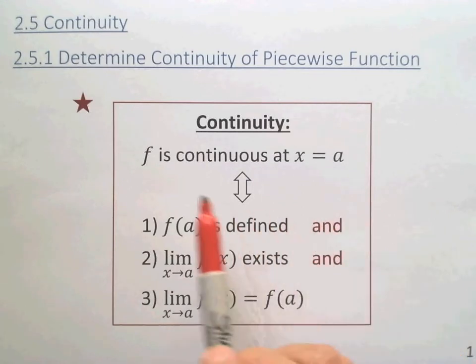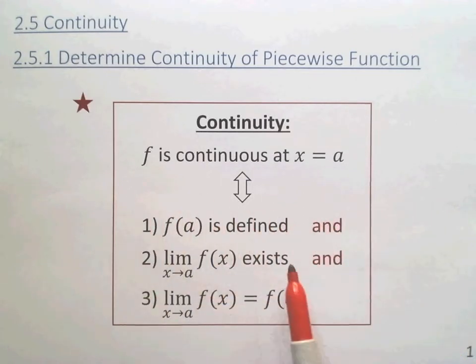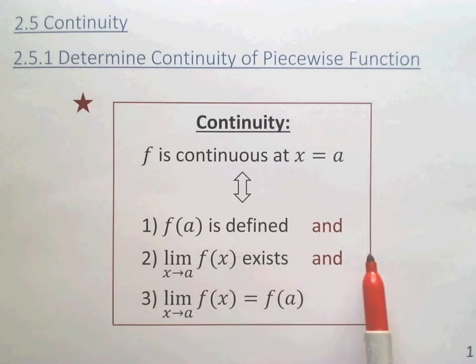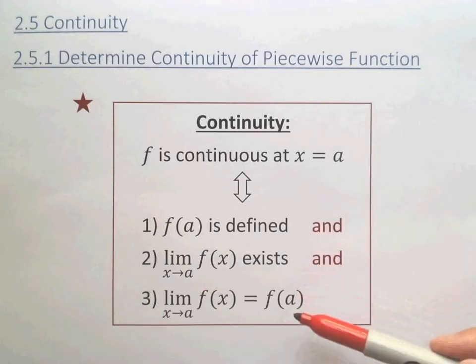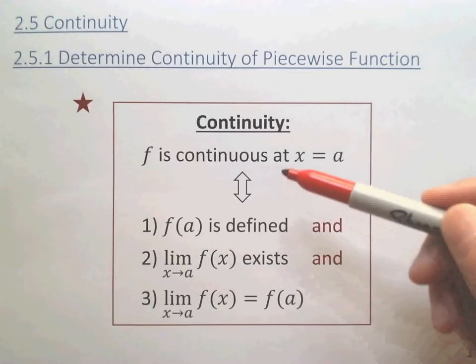The second is that the limit exists. What does it mean for the limit to exist? The left-hand limit should be equal to the right-hand limit. Therefore, the limit exists. The third, the limit should be equal to the value of the function at a. If 1, 2, 3 are all satisfied, we say f is continuous at x equals a.